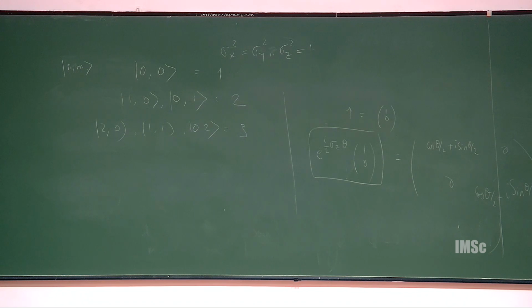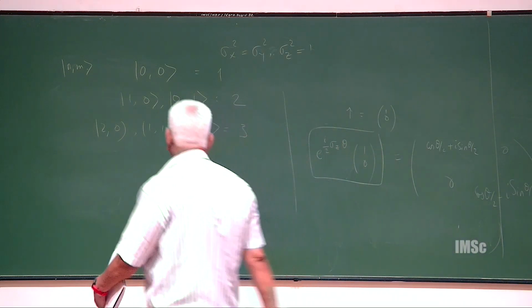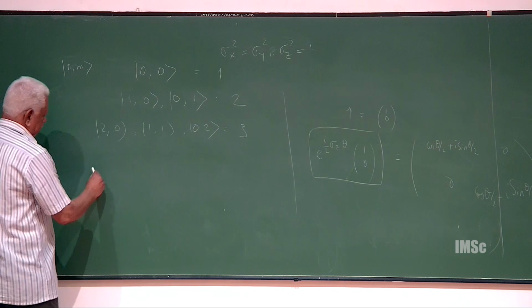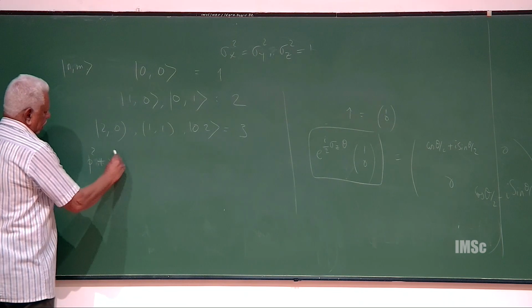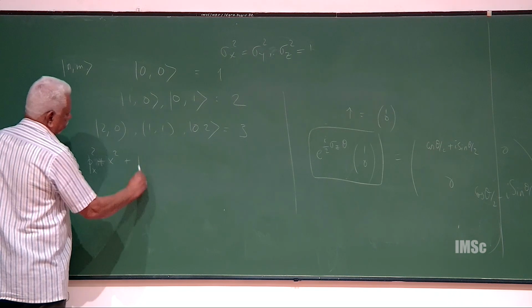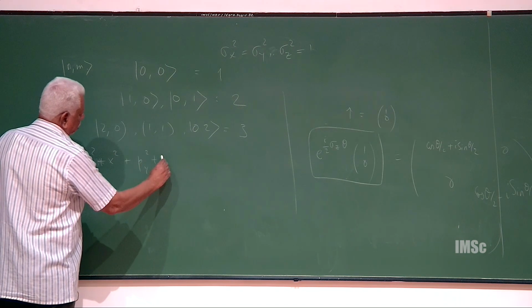Some of you should think about it, but I can give you one clue. There are two oscillators, and the Hamiltonian is half of px square plus x square plus py square plus y square.